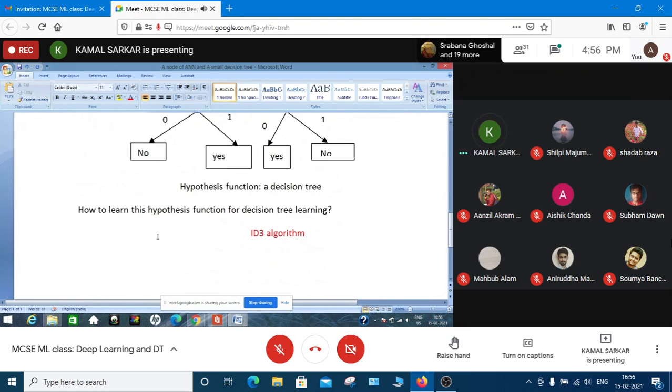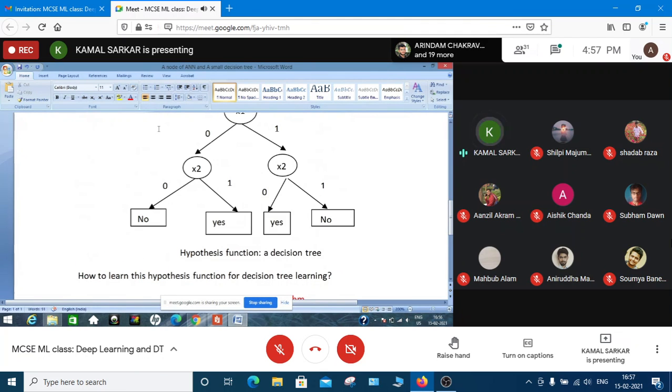But here, for the decision tree, the input must be discrete.